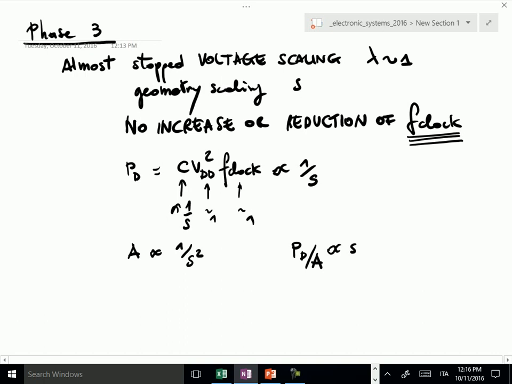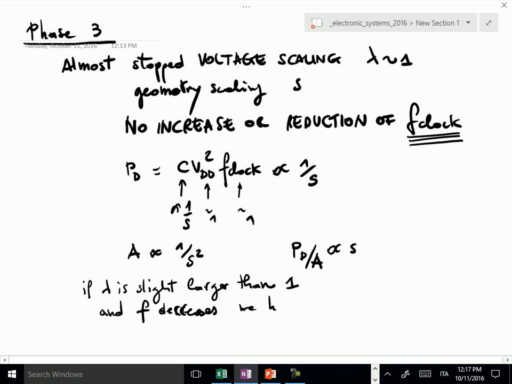Okay, so if lambda is slightly larger than 1 and f decreases, we have PD over A almost constant. Okay, is that clear?